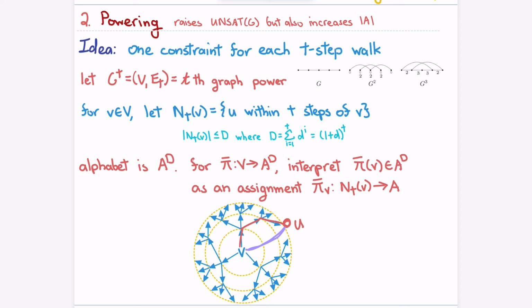So the alphabet A is going to go to A to the D, where D is the maximum number of vertices in a neighborhood. A vertex is assigned D letters, which we interpret as each vertex assigning letters to the other vertices in its neighborhood.